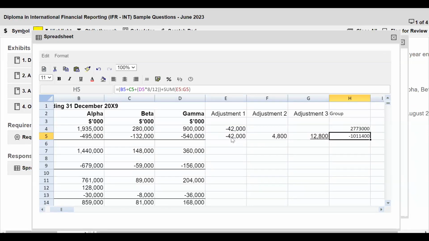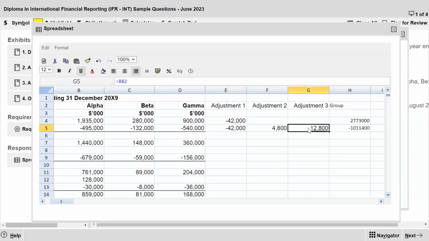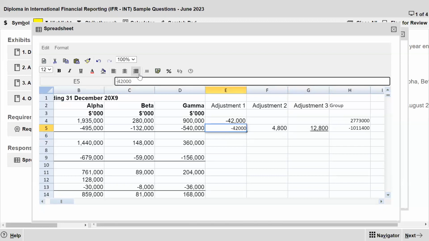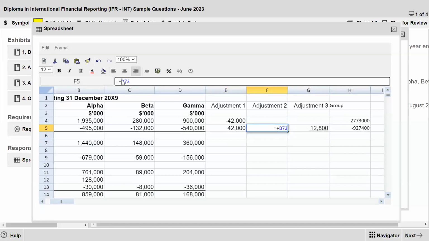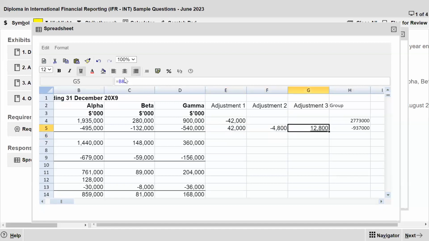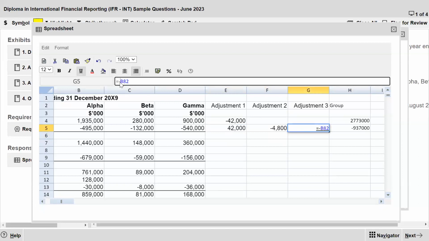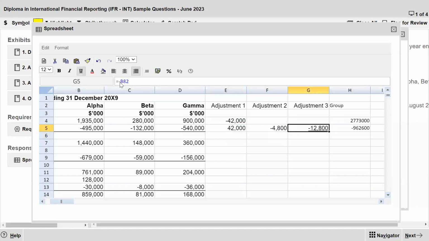Because this needs to be removed, this needs to be added up, this needs to be added up. Since this is all in the minus form, I would just say minus in here. So I get the answer now.